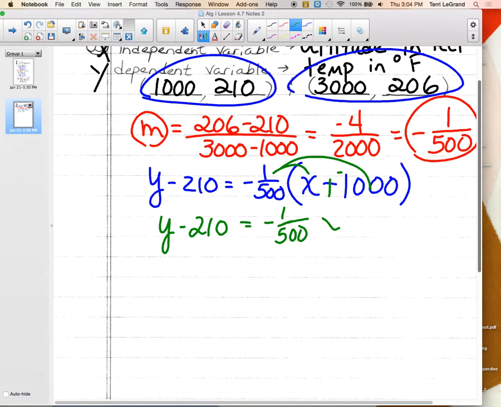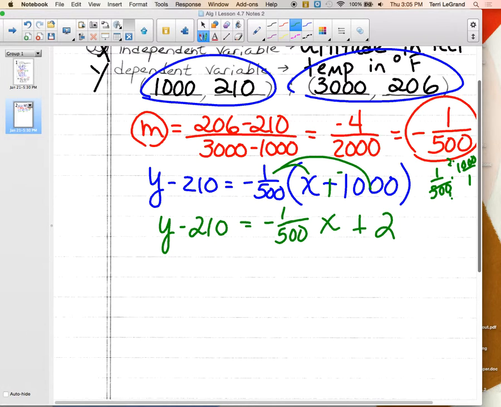So this is going to be negative 1/500 x plus what? A negative times a negative. First of all, let's just go over here to the side. We have 1/500 getting multiplied times 1,000. Yeah, this is not hard. It is 2. 1/500 of 1,000 is 2.